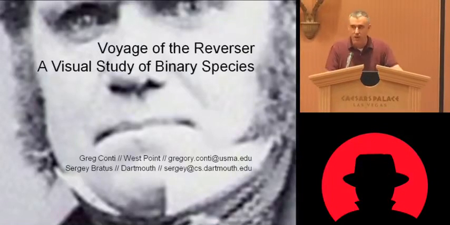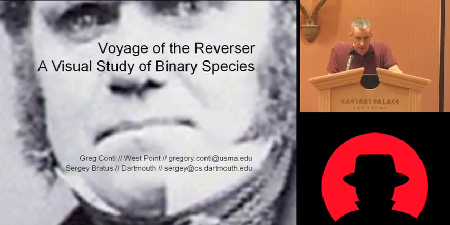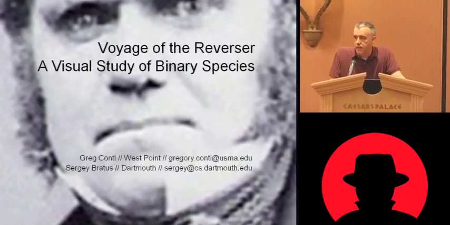This is Sergey Bratus, and we've been taking a very hard look at inside binaries, inside binary objects, whether they be memory dumps, files, file systems, anywhere we find zeros and ones.